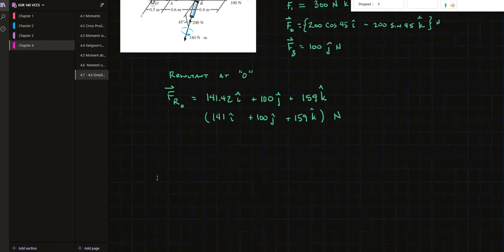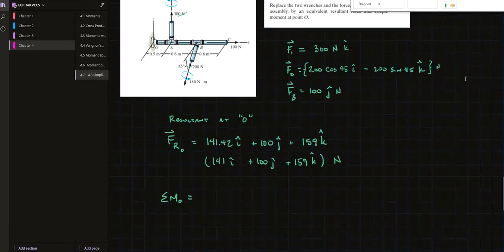Now, let's sum our moments about O. And let's write down some intermediate calculations I did, so you'll see where I got some of these numbers. So here's an intermediate calc. 200 cosine 45, I got 141.42.